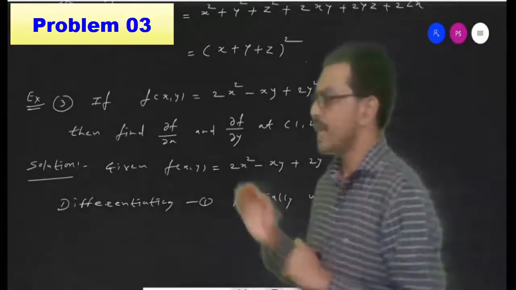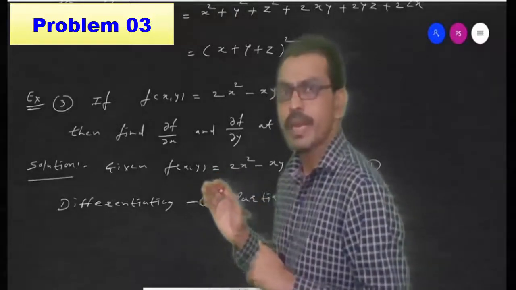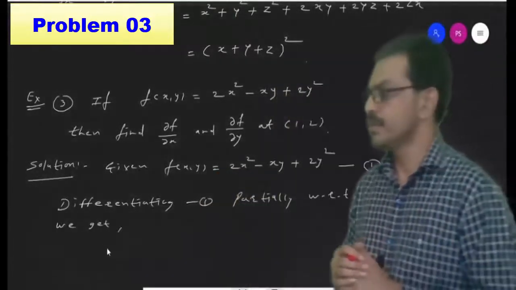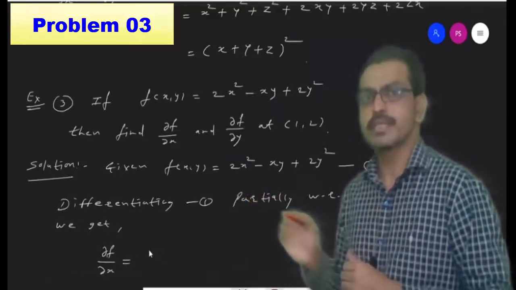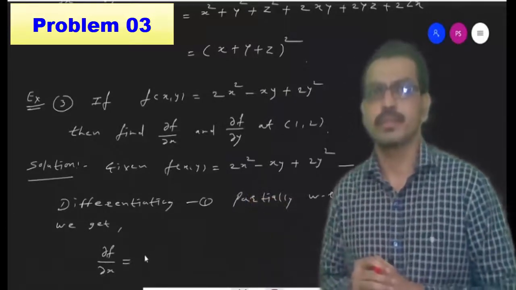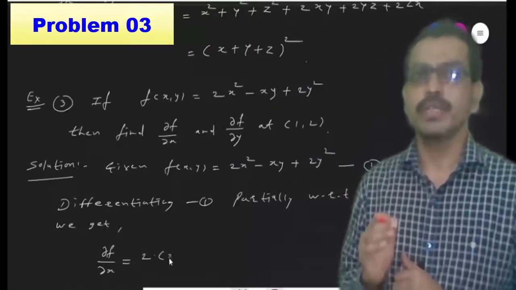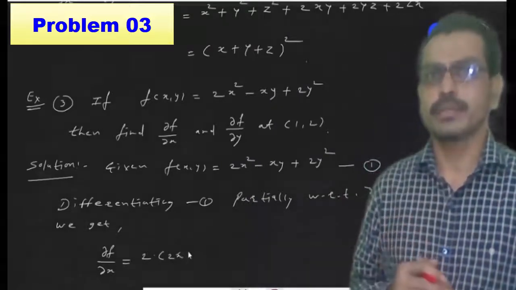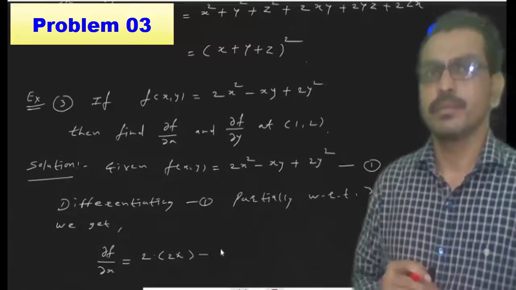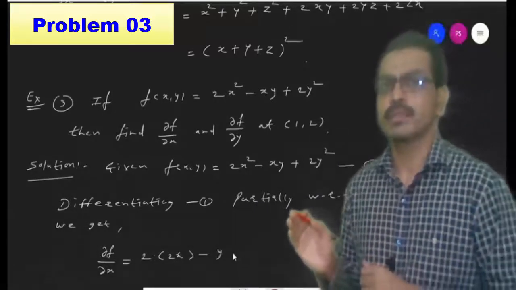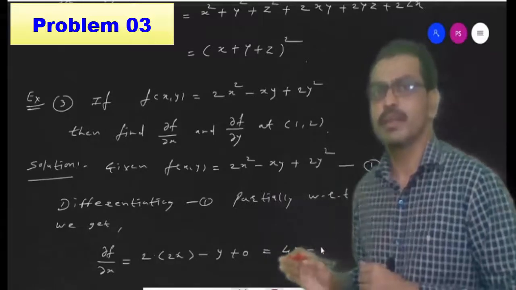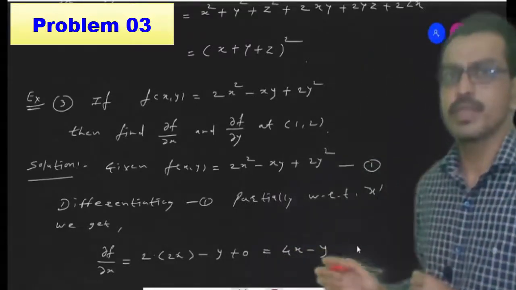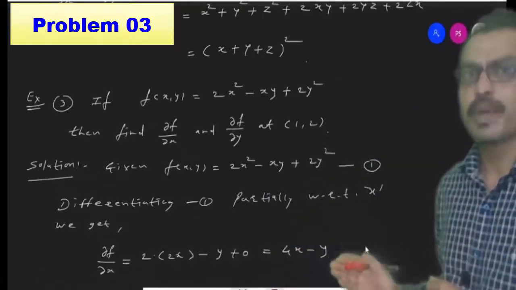Therefore, ∂f/∂x is equal to the derivative of x², which is 2x, that is 2 into 2x, minus the derivative of x, and y is constant, therefore minus y plus 0. This is equal to 4x − y.